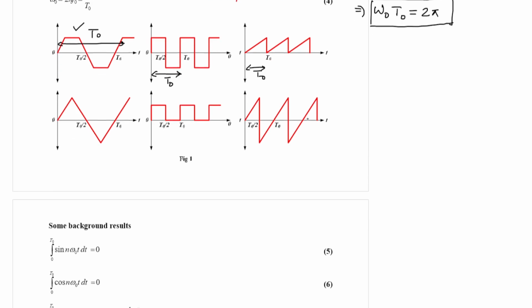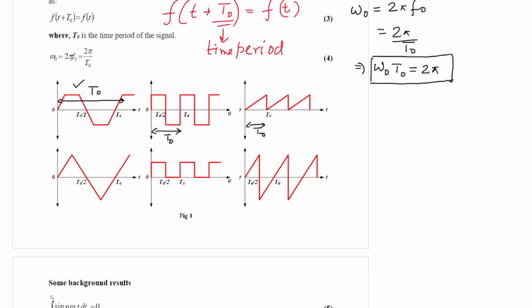Let us try to understand what a0 is, then we shall understand what an is, and then bn, one by one. To make this calculation easier for you, let us do some background mathematics.